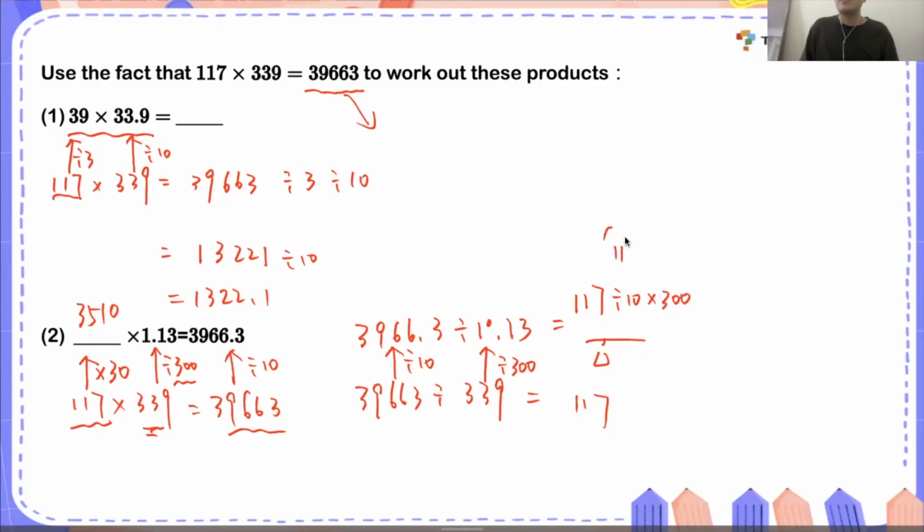And finally, that is 117 times 30, and we can still find the answer, right? So I think maybe this method can help you understand this question well. So you can just keep this method in your mind. When we find the multiplication, we can still change this multiplication into division to help us find the answer.